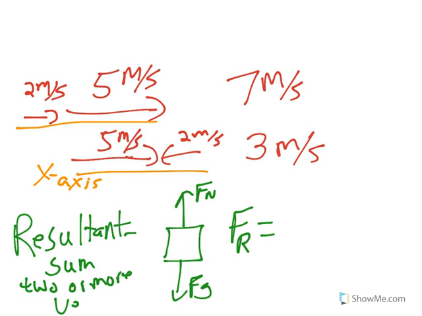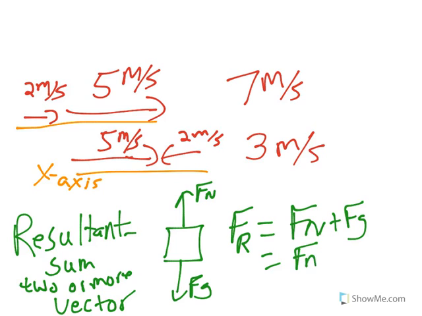So if we wanted to find the resultant force, we would do the normal force plus the force of gravity. And since the gravity is going down, that would be negative force of gravity. Okay? So there we go. That's how you would add vectors if they're in the same direction.